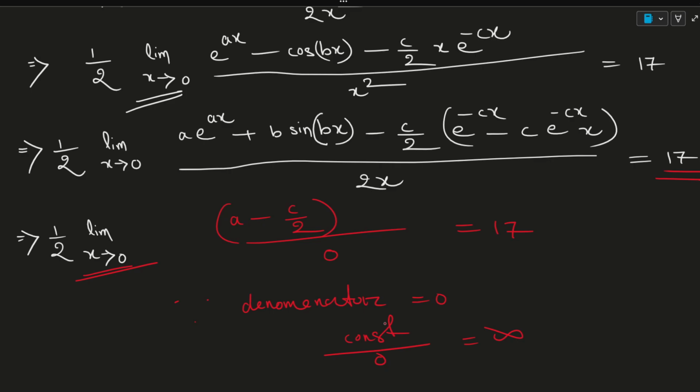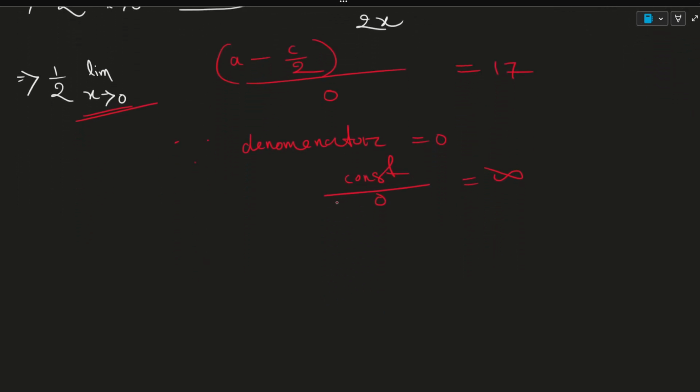Now we'll see, if the numerator is also equal to 0, then there is a chance.